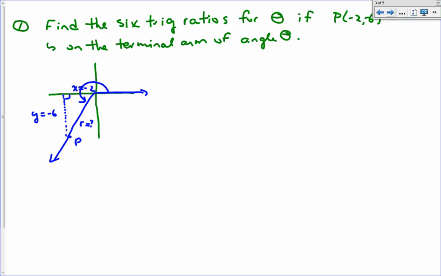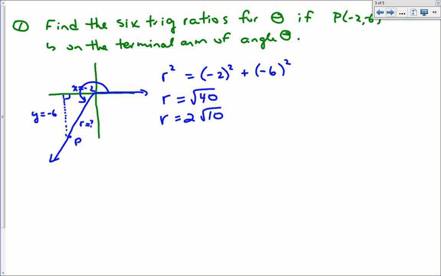Because it's a right triangle, we can use the Pythagorean theorem. So r squared will be equal to (-2) squared plus (-6) squared. So r will be the square root of 40, which will be 2 root 10. Okay, and so now we can just pop our x's, our y's, and our r's into those 6 trig ratios.